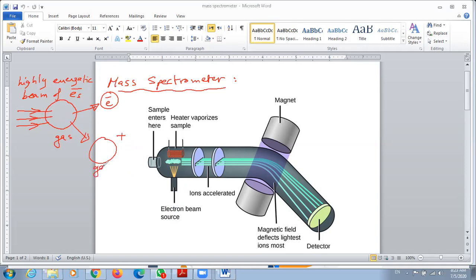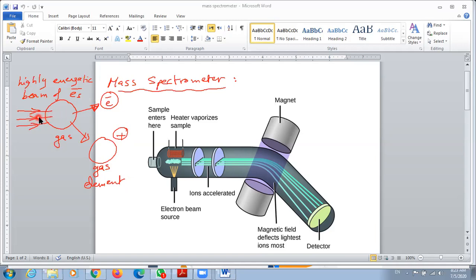So now we have our gas element. We will find that our gas element will be ionized into a positive ion because an electron will be ejected as the gas sample is subjected to a beam of electrons.